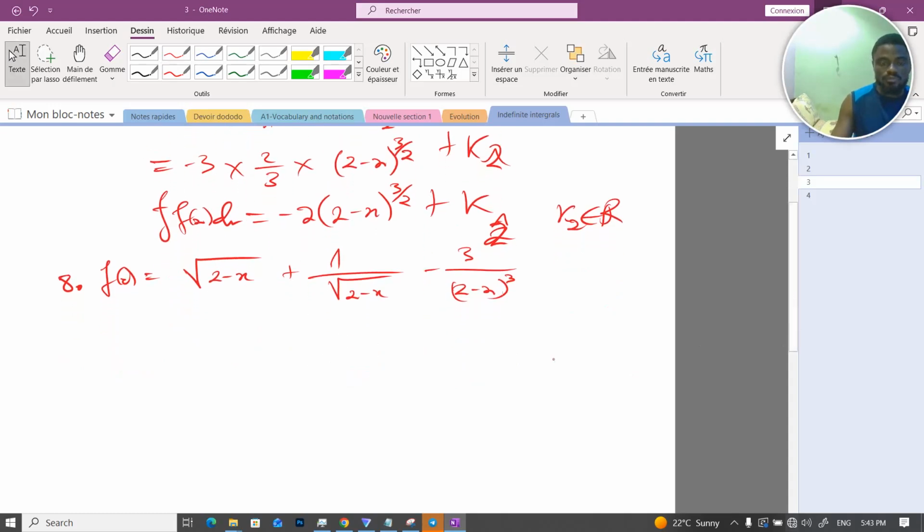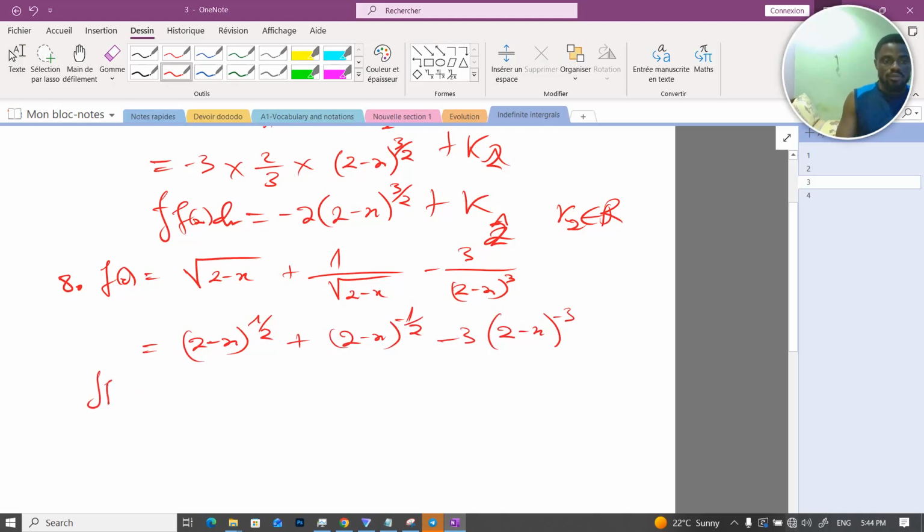Okay, I can write this back as 2 minus x to the half plus 2 minus x to the minus a half minus 3 into 2 minus x to the minus 3. Okay, now we can proceed to integration.